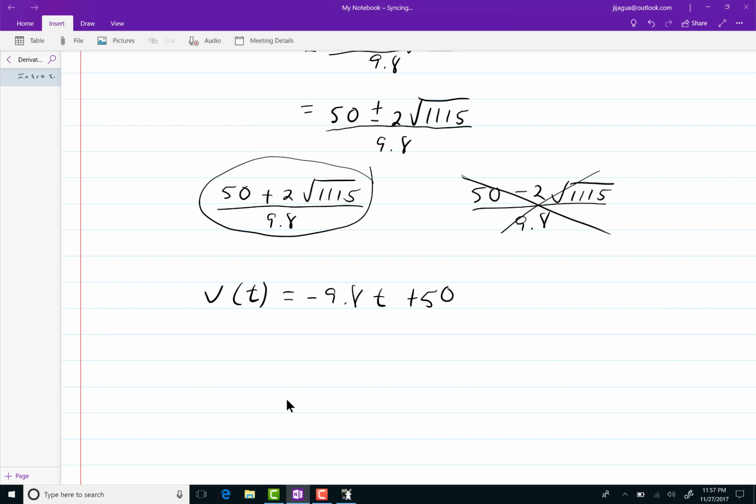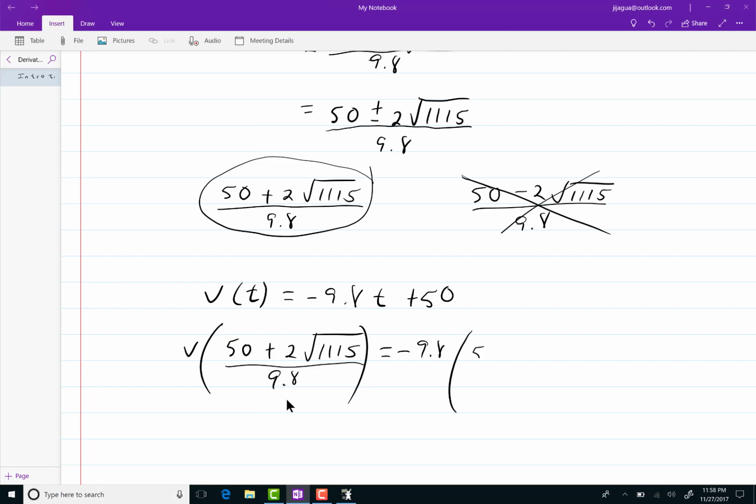And then v of, I'm actually going to plug that stuff in there. I'm going to have 50 plus 2 radical 1115 all over 9.8. That equals negative 9.8 times 50 plus 2 radical 1115 over 9.8 plus 50.